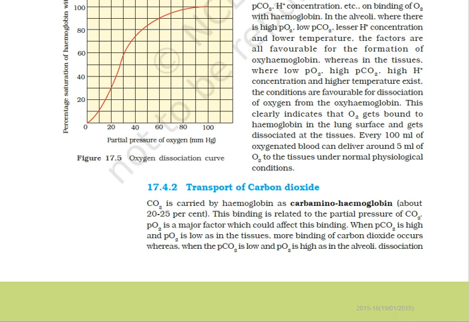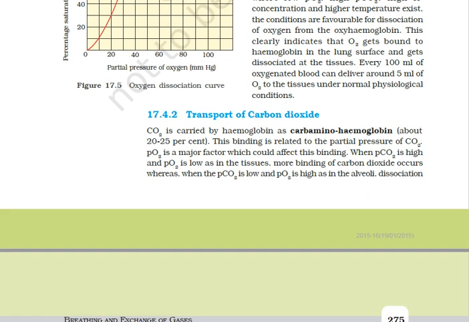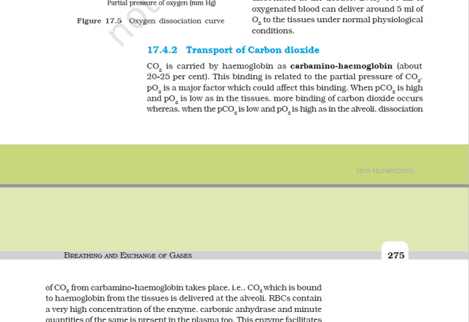Now what happens in the erythrocytes? Roughly 70% is transported as bicarbonates. The erythrocytes have a high concentration of an enzyme called carbonic anhydrase, which catalyzes the following reactions, which I'll show you here on the screen.